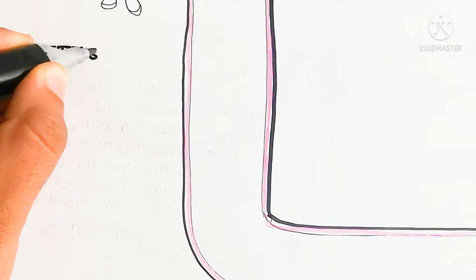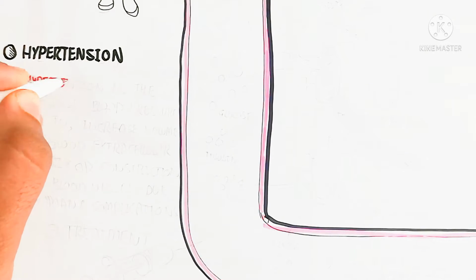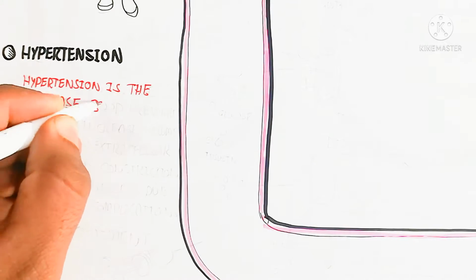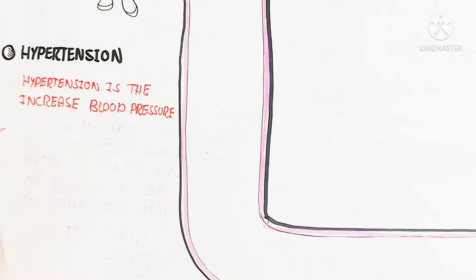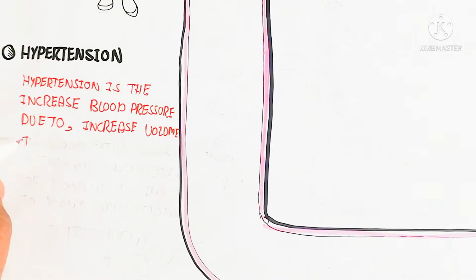Anyhow, here is the hypertension. Hypertension is increased blood pressure due to increased volume in the blood and extracellular matrix, or constriction of blood vessels due to many complications.